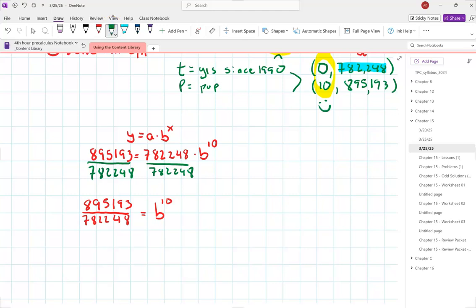Okay. What do I need to do next to solve for b? What needs to get canceled out next? The exponent of 10. Great. What operation is going to cancel out that exponent of 10? Well, not a square root. That'll cancel out an exponent of 2. A 10th root. Very good.